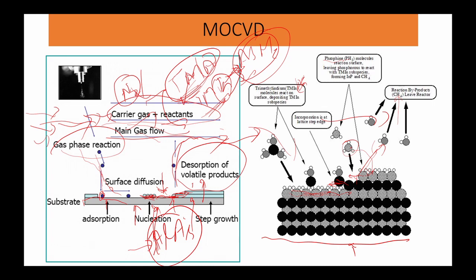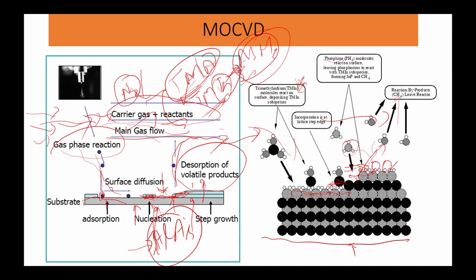If more phosphine reacts, the composition won't be that good. So we can change even the composition of the elements in this chamber by changing the partial pressure or the flow of the gases.